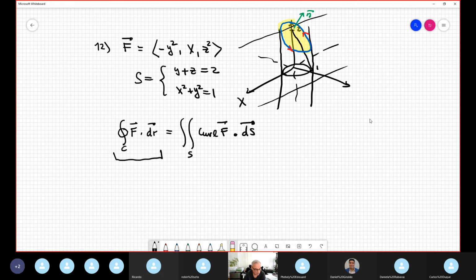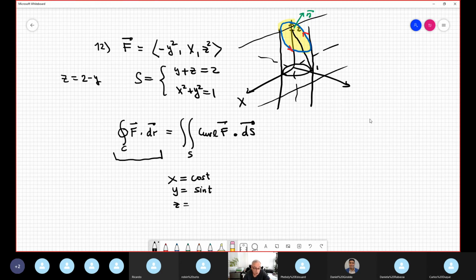Therefore, it's obvious that the equation is x equals cosine t, radius 1 again, nice. y equals sine t. But z, no. I take this plane equation and solve z as a function of x and y, but we have no x, only y: z equals 2 minus y.